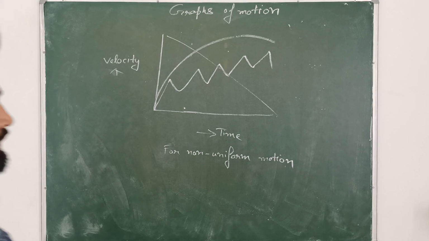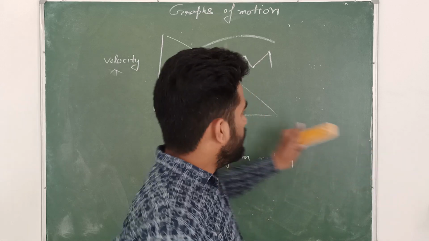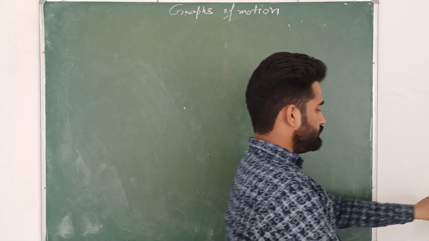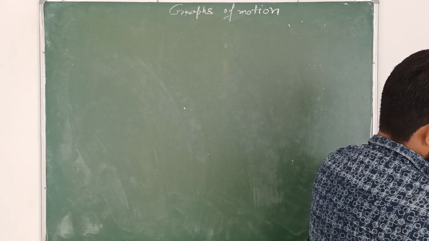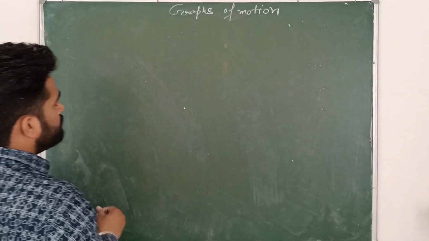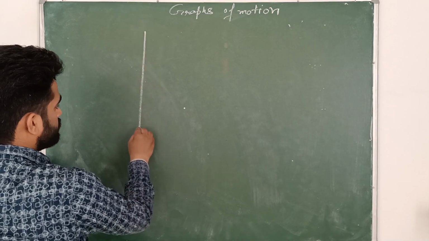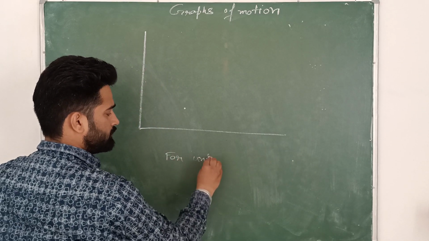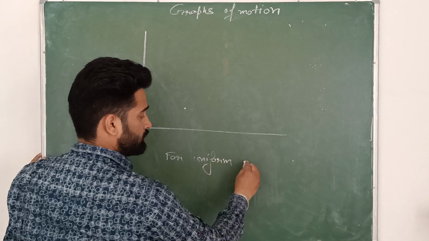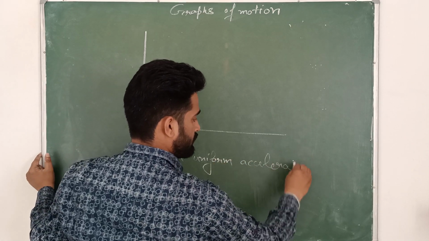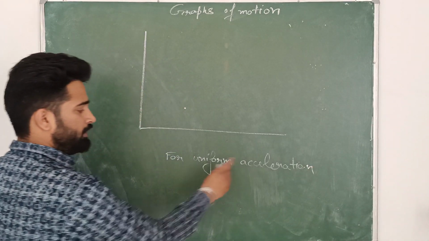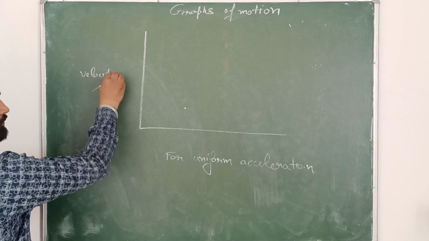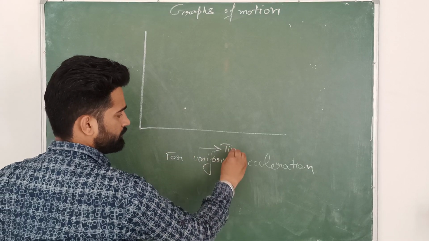Next, the third type of graph is for uniform acceleration. Here write velocity and here write time.